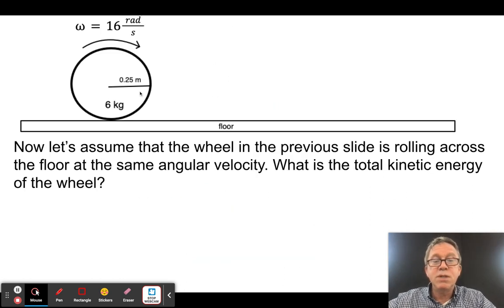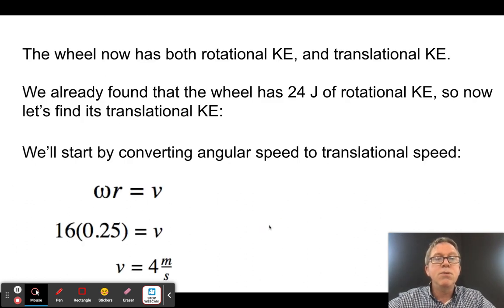But what if this object wasn't just sitting there spinning on a fixed point on the wall, but is rolling across the floor? If it's rolling across the floor, in addition to having rotational kinetic energy, it also has translational kinetic energy. And so in this case, I have to take both into account. So its total kinetic energy is both its rotational kinetic energy and its translational kinetic energy. We saw from before that we calculated 24 joules of rotational kinetic energy.